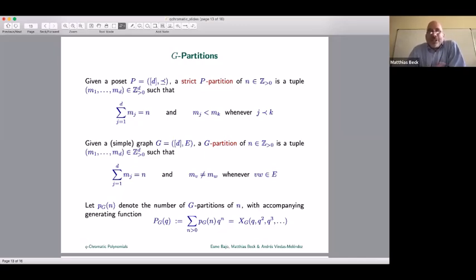So if you now count G-partitions, this is just a sum of strict P-partitions over the acyclic orientations. And also from first principles, the generating functions of these G-partitions are specializations of the chromatic symmetric function, very similar to what you saw on the last slide.